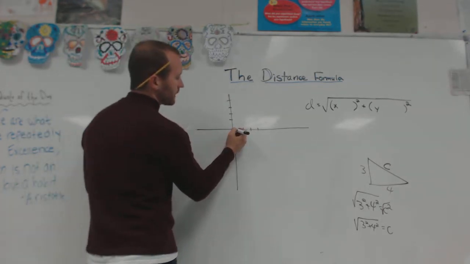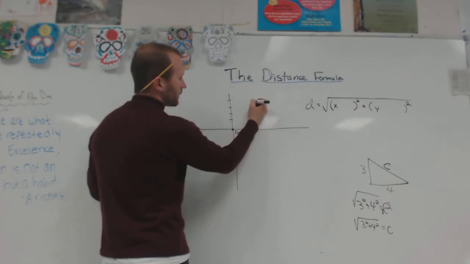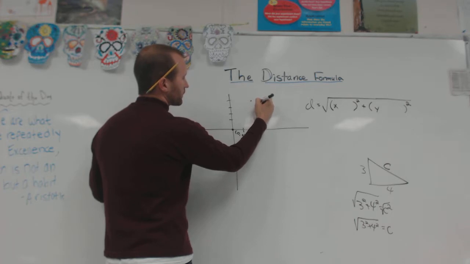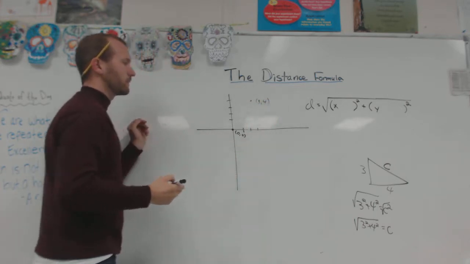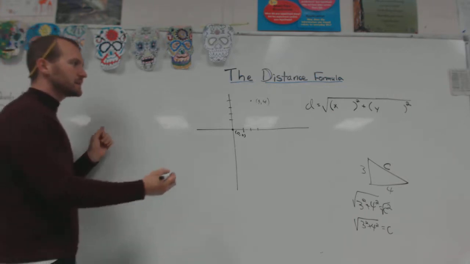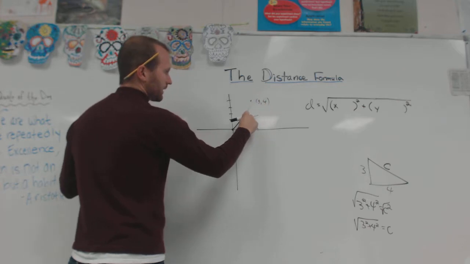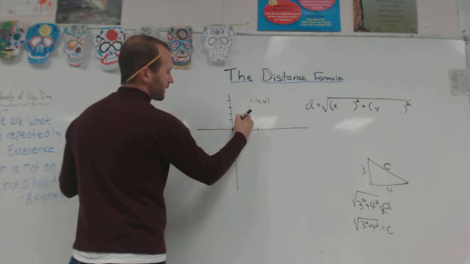And then let's say the point that we want to go to is 3, 4. Just up at that point. The shortest distance is just a straight line that connects those 2 points.